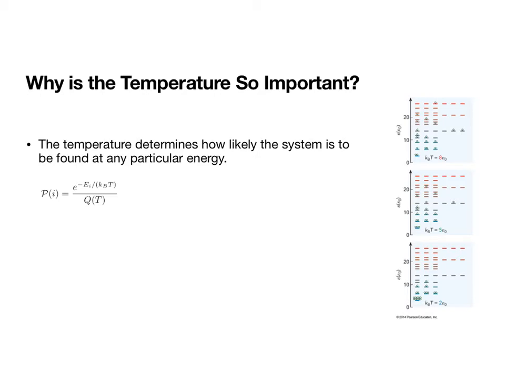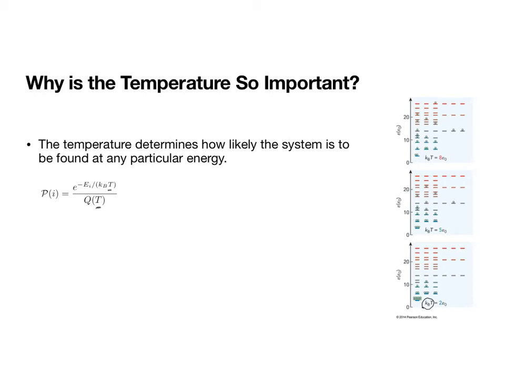Okay, so we started all of this off with a discussion of temperature. And remember that temperature determines how likely the system is to be found at any particular energy. So what does this mean? Notice that we've got temperature both in the numerator and in the denominator. And kB times T is an energy unit.